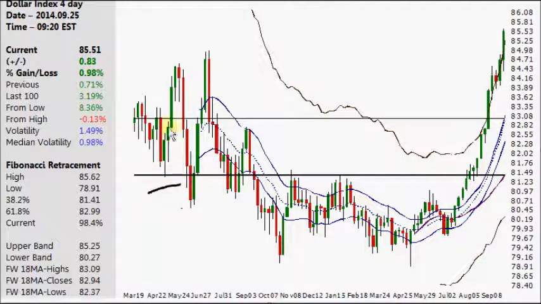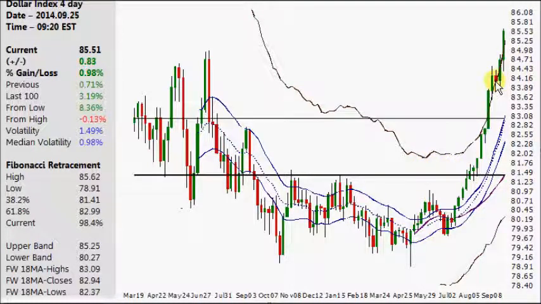Last year, I was talking about this pattern, which was making lower lows and higher highs, a very unusual pattern. I consider it an indecisive pattern that tends to break to one side or the other decisively, which has obviously been the case right now towards the upside.